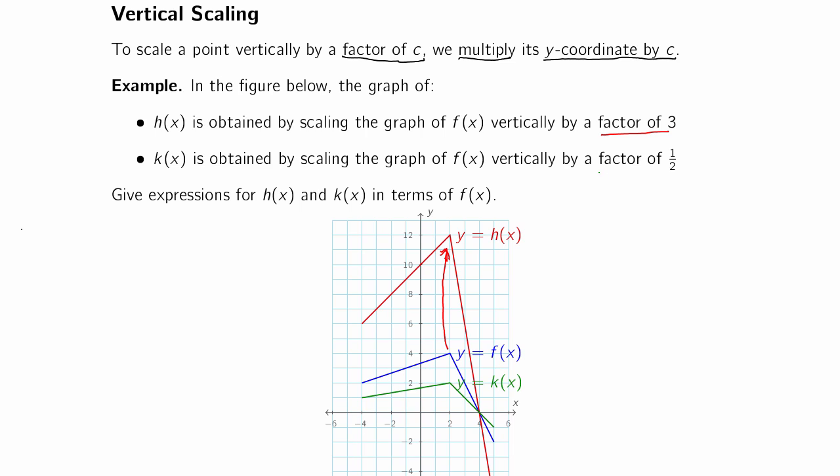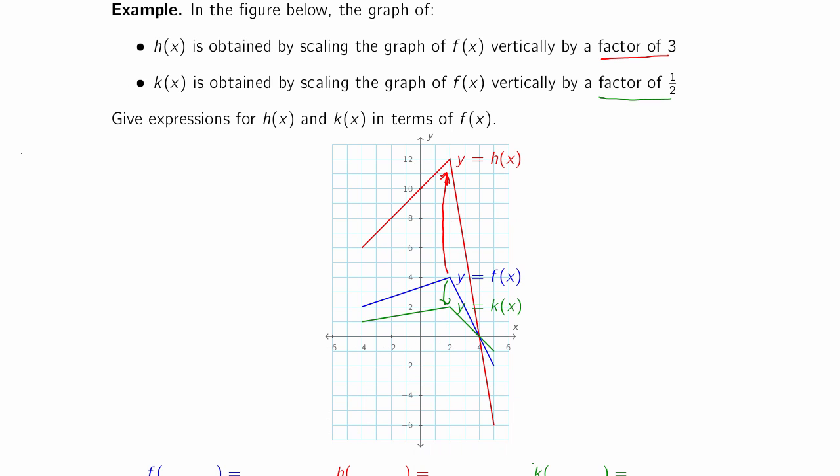To obtain k, we're scaling vertically by a factor of 1/2. Every point on the graph of k, its y-coordinate is half that of the corresponding point on the graph of f. And you'll notice that the graph of h looks taller and more stretched out. The graph of k looks shorter and more squished. That's what we expect from scaling.